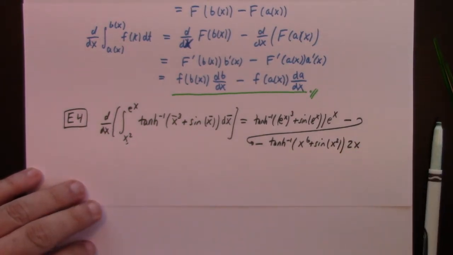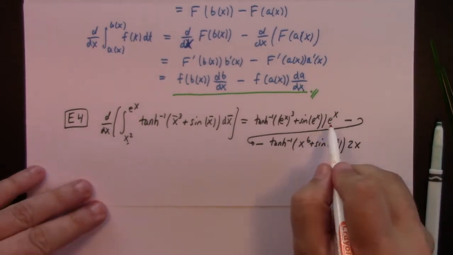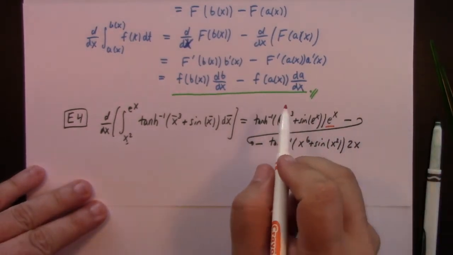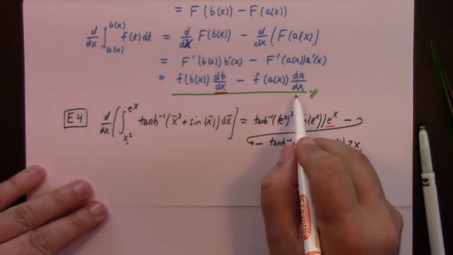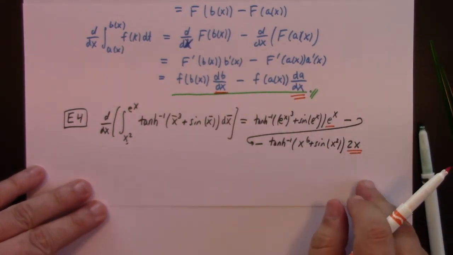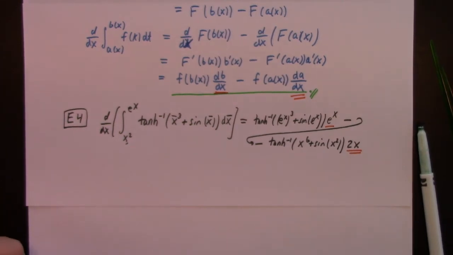So just to emphasize, this e to the x is precisely this guy. This 2x is conceptually this guy. So that's FTC3.